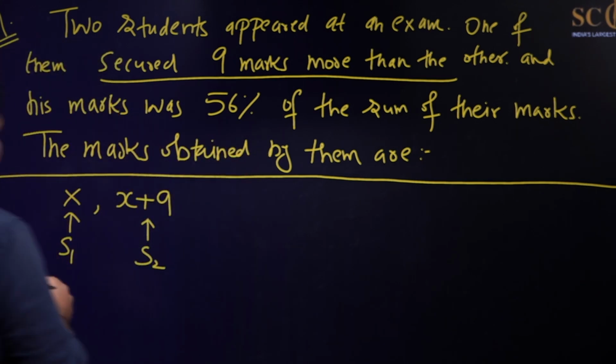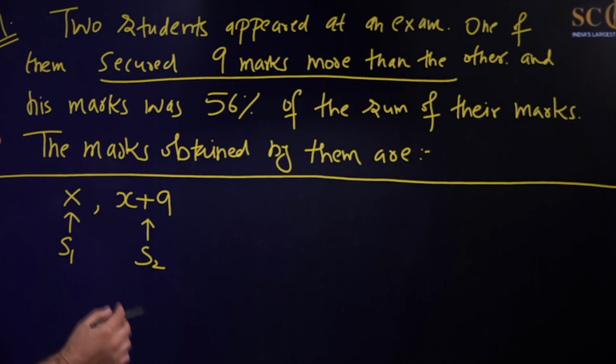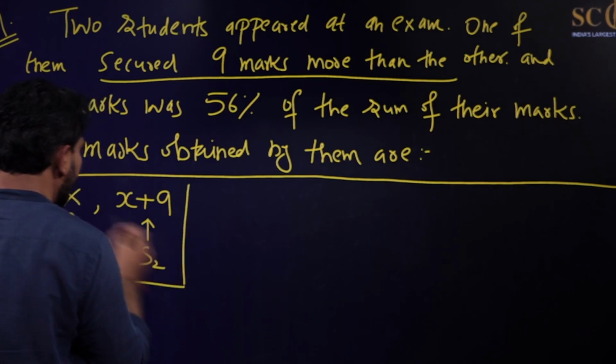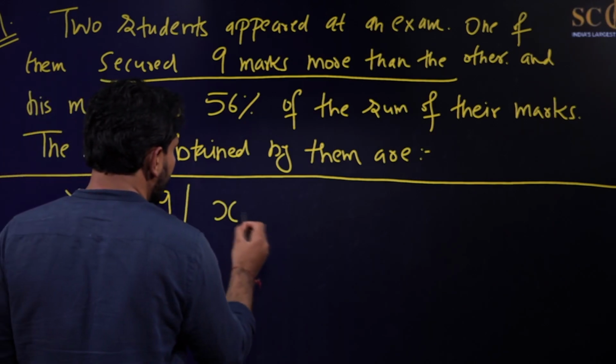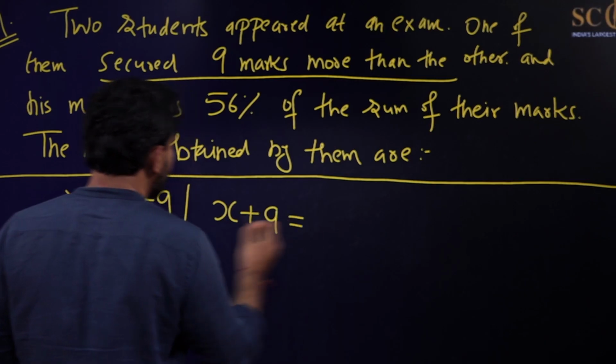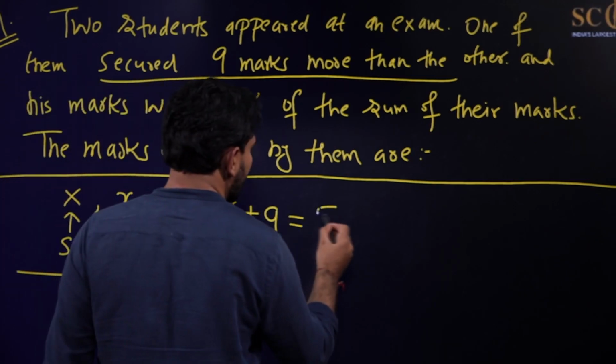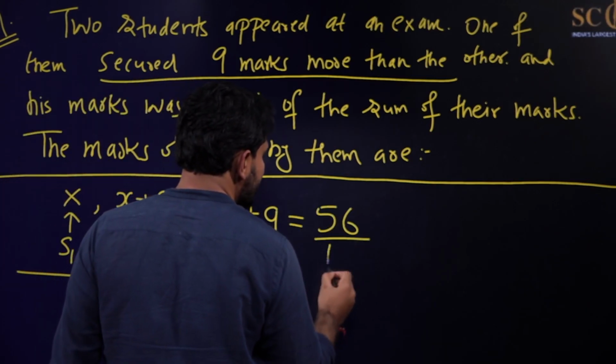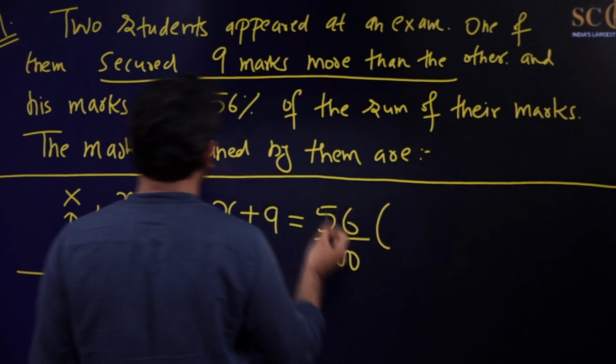It means the student who is getting X plus 9 marks has 56% of the sum of their marks. So we can write it like this: X plus 9 is equal to 56% of the sum of their marks.